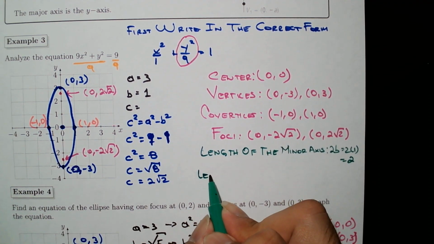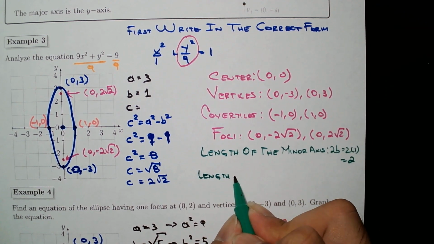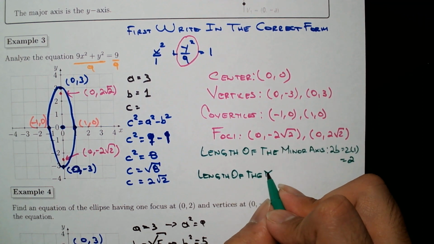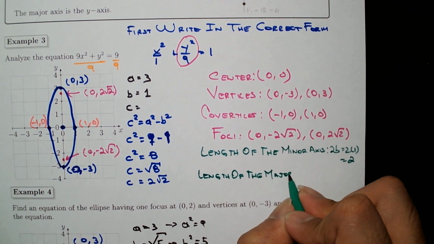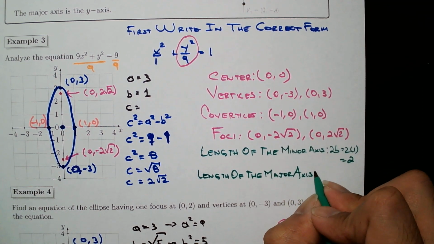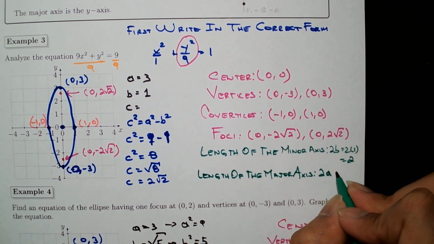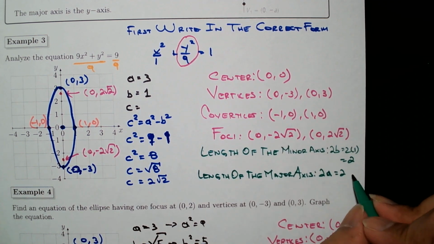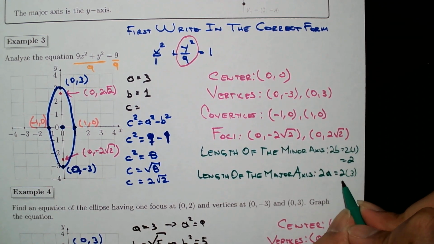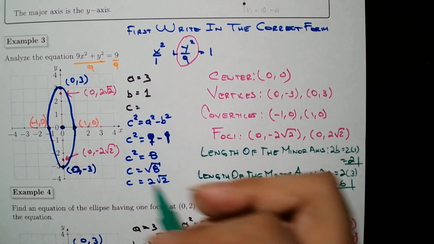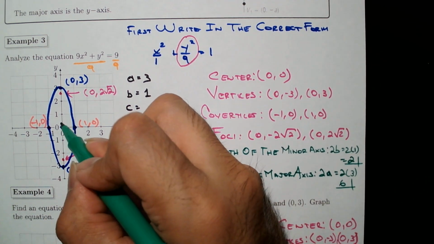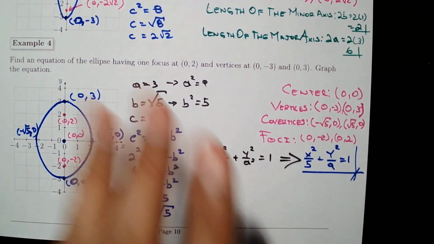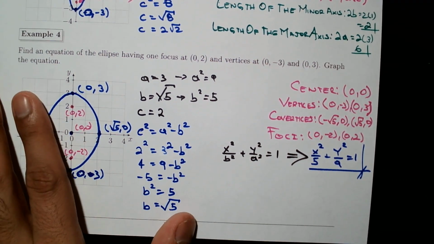And the length of the major axis, which is 2a. That is 2 times 3 units, which is 6 units. If we count them, 1, 2, 3, 4, 5, 6 units. All right, let's move on to the next example.